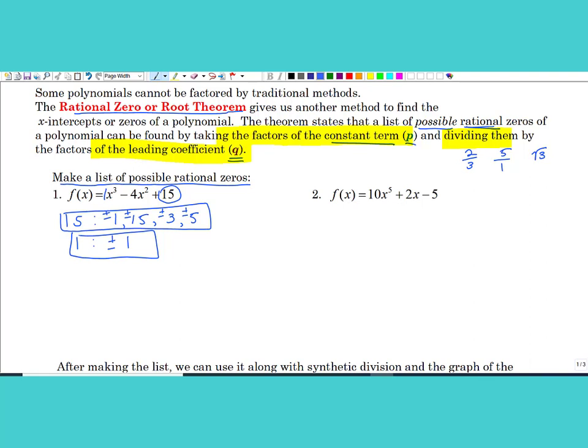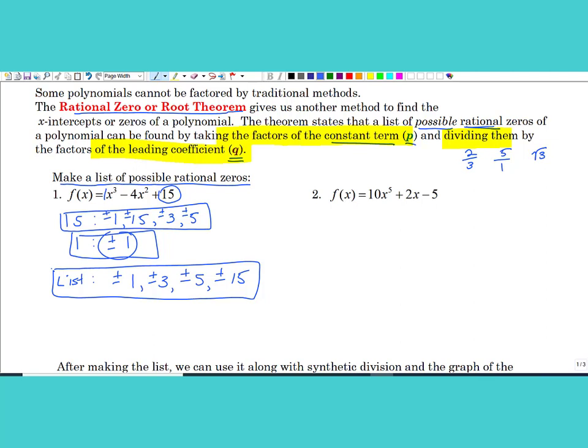Well, when you divide by 1, you get the same thing. So my list is going to be plus or minus 1. I'm just going to go ahead and put it in numerical order. Plus or minus 3, 5, and 15. And all of those divided by plus or minus 1, I would get the same thing. And I will stop. It just says make the list. And that's what I'm going to do.